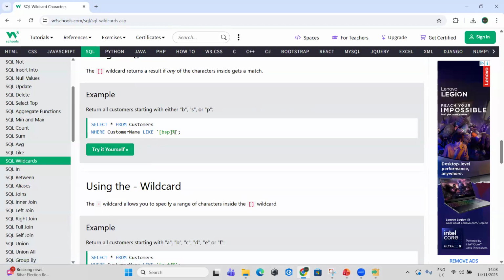So here it says it ends with anything, but in front in brackets it has BSP.